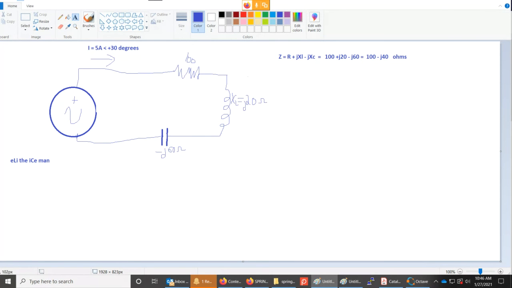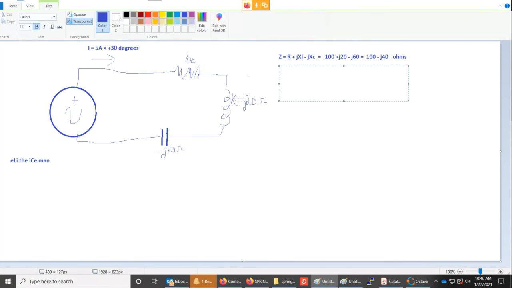All right. So then we can say that the total voltage E, the supply voltage, is equal to I times Z. This is simply Ohm's law.